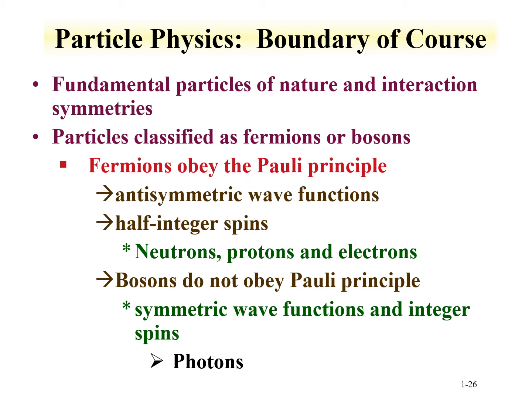They're half-integer spins. Particles that are fermions include neutrons, protons, electrons, all half-integer. Bosons do not obey the Pauli principle. They have symmetric wave functions and integer spins. So for instance, photons. We're going to utilize some of these properties in discussing transitions. As you can imagine, neutrons, protons, electrons, they're all involved in decays, and photons are involved in gamma decay.